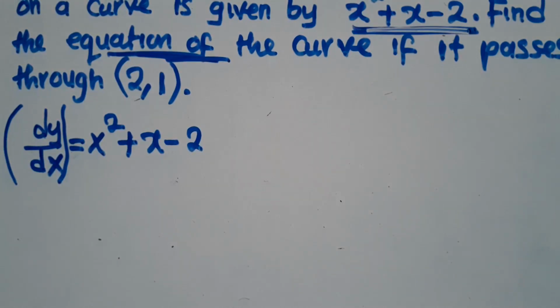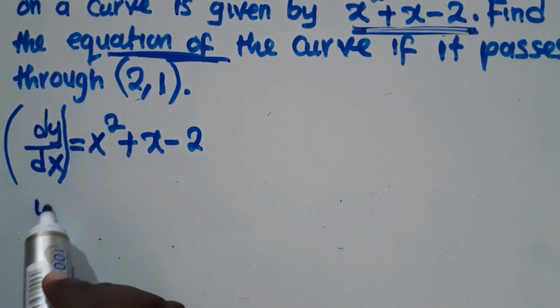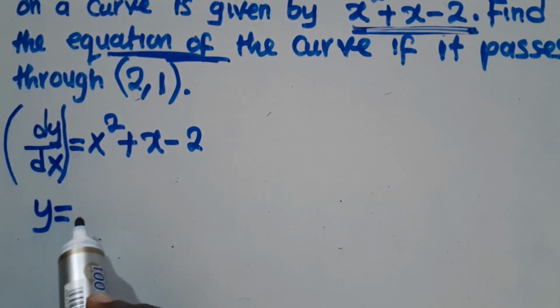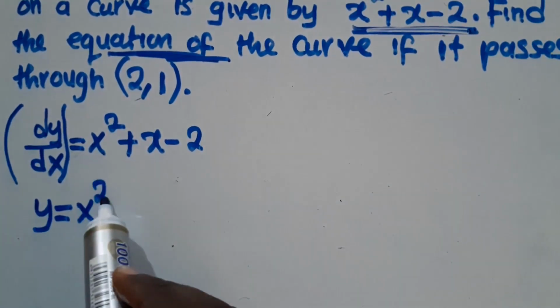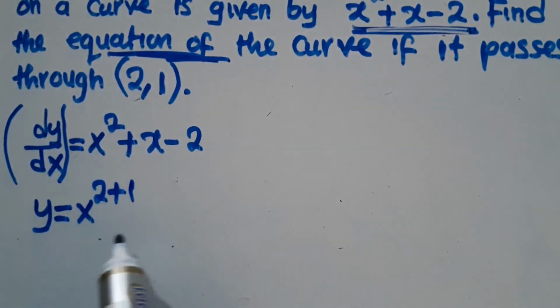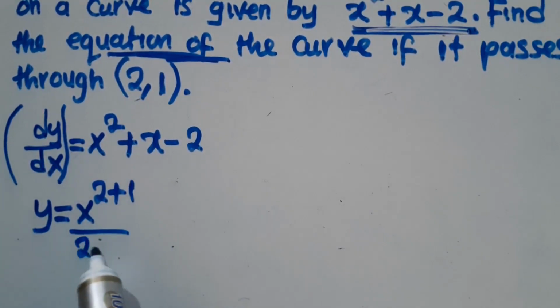You just need to follow these procedures, and these are questions that come in an exam year in, year out. So you say y is equal to, that is x squared. You just say plus 1 over 2 plus 1. Who can fail this? No one.